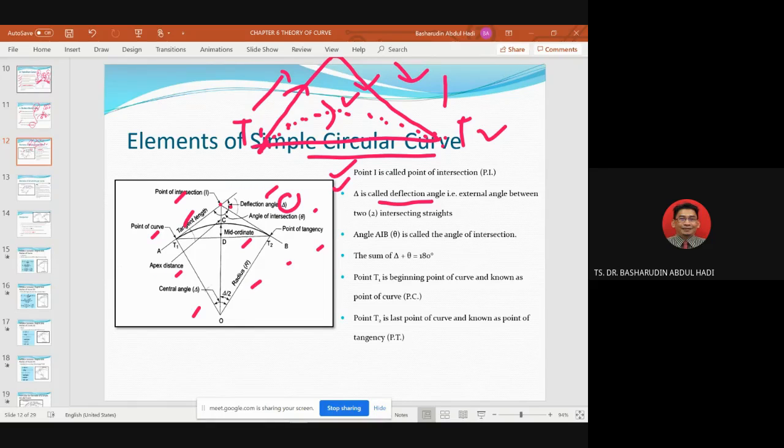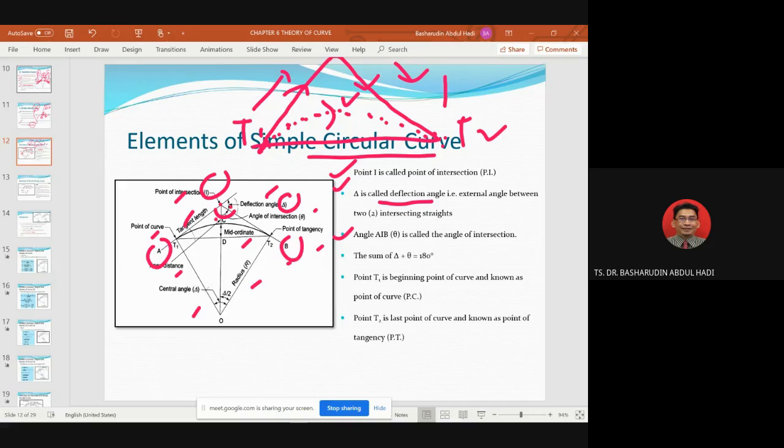Okay, we go next. Angle AIB. What is A? What is I? What is B? So what is the angle here? This angle, your theta angle, is called the angle of intersection, right? Okay, next.